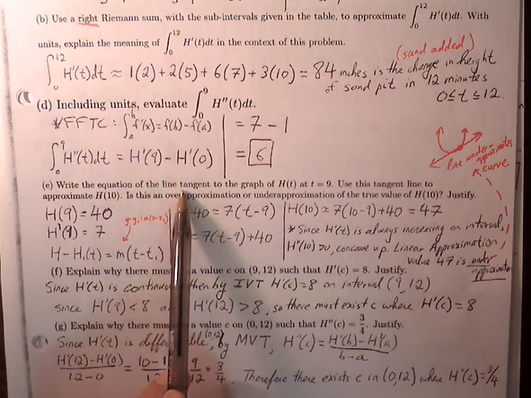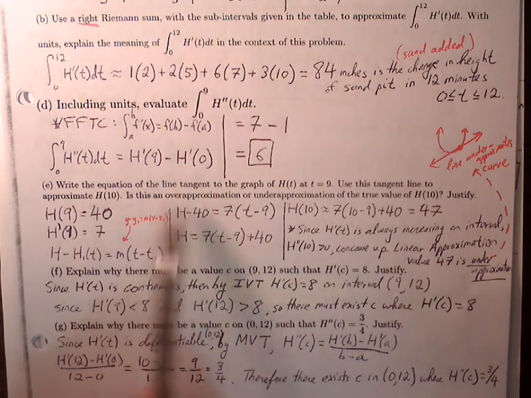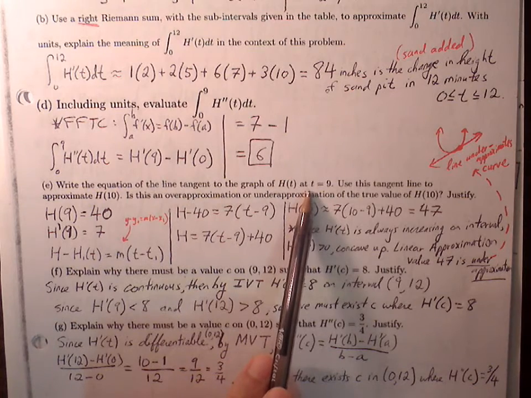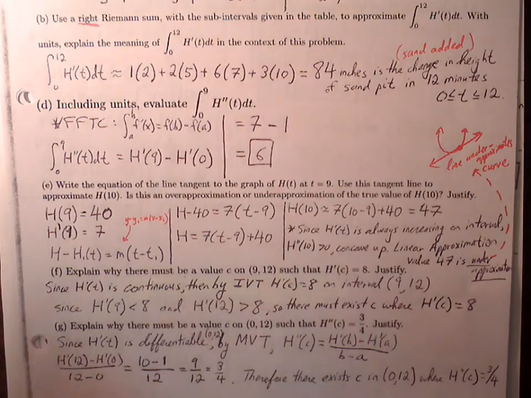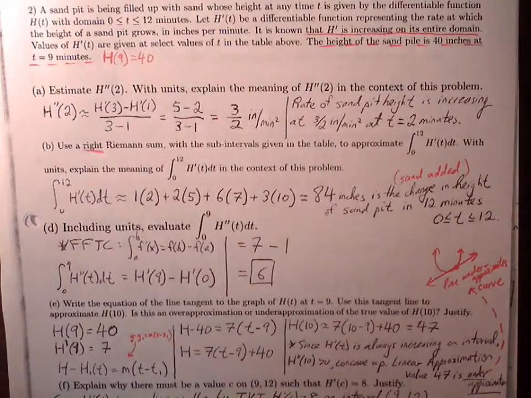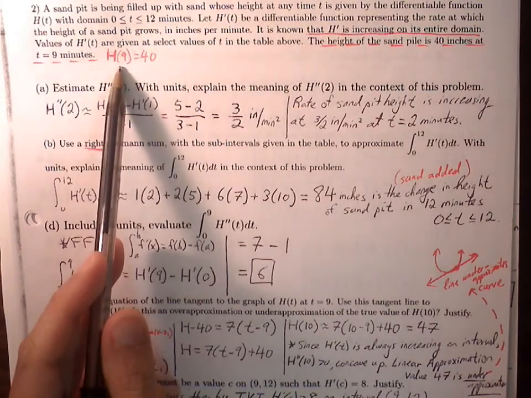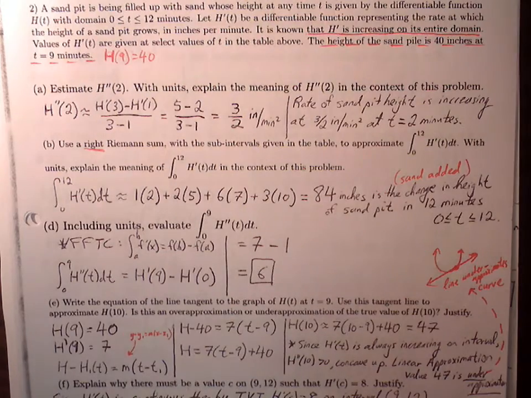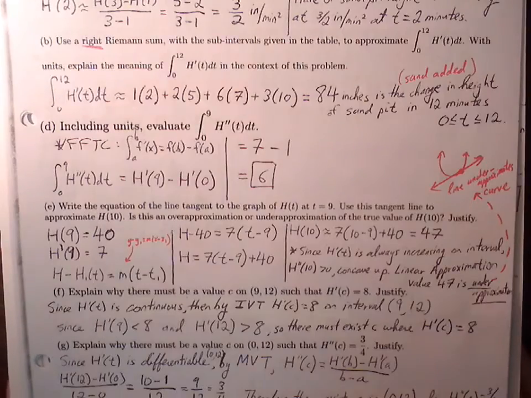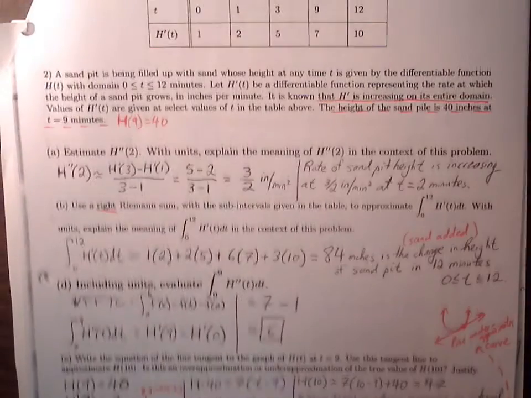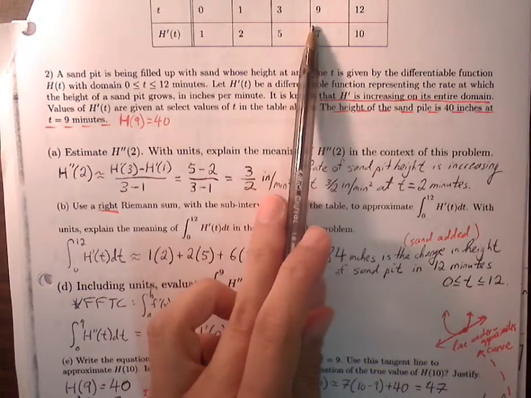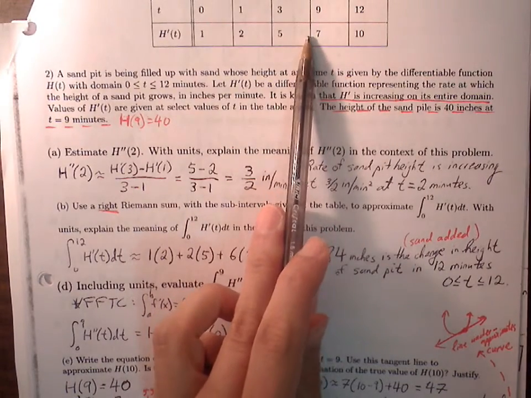To find the tangent line equation, we need an ordered pair and a slope. The ordered pair is given to us: h of 9 is equal to 40. That information is provided at the beginning of the problem. Then h prime of 9 is the slope we need at that point. Looking at our table of values, h prime of 9 is going to be 7.